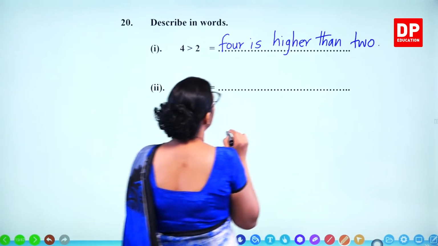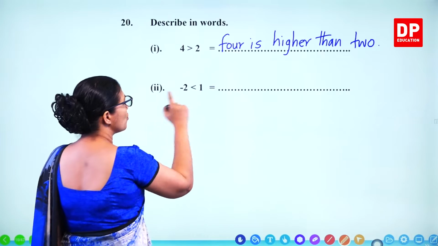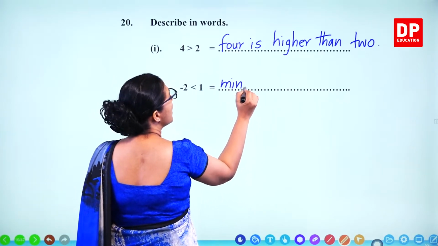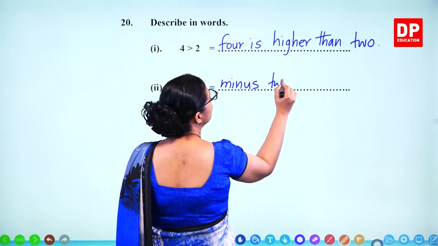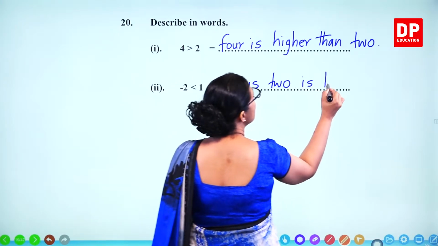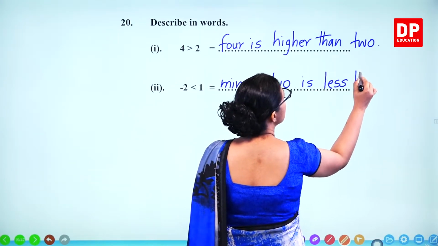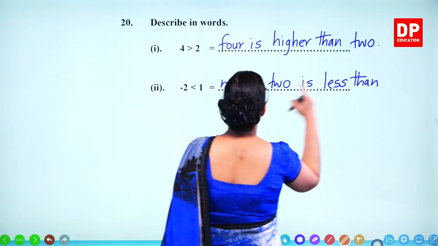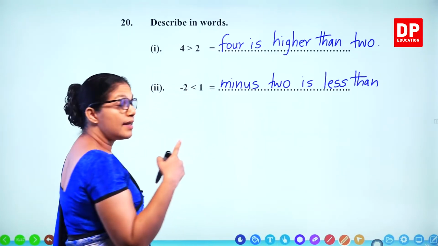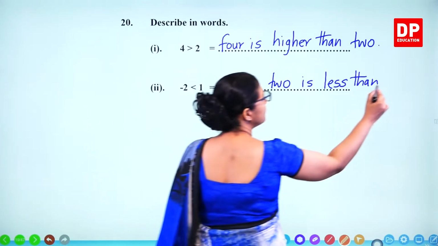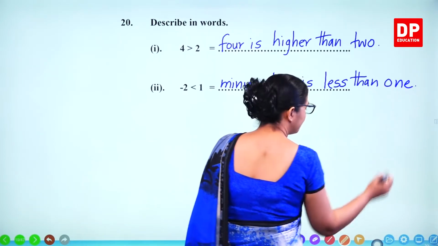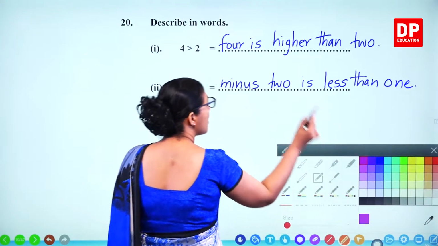Then this one, minus 2. Minus 2 is less than, this is less than 1. So you get 1 mark each.